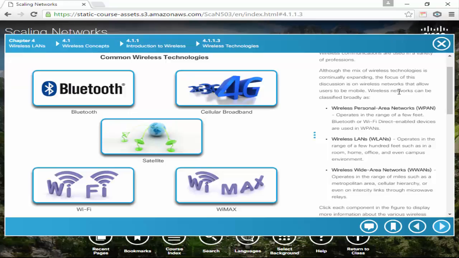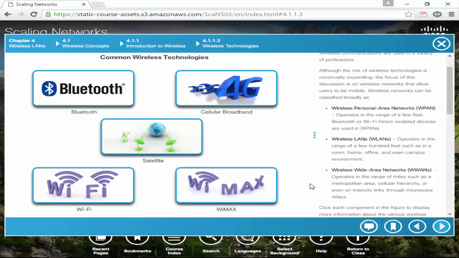So maybe a few buildings if we have extended service sets, ESS. Wireless wide area networks, WWANs, range of miles, such as a metropolitan cellular hierarchy, or even intercity links through microwave relays. So they're going to say there are 3 different technologies right there.